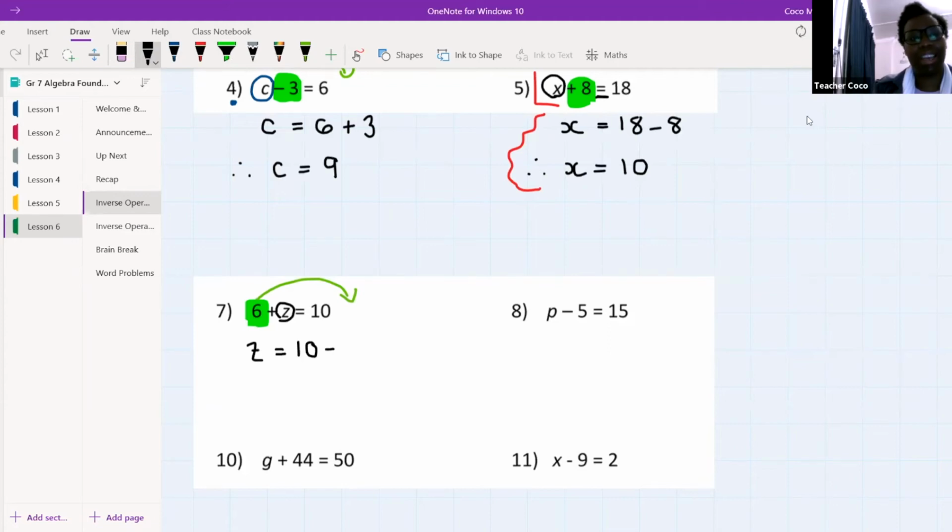Good, 10 minus 6. My next line, please. What comes next? The thing that comes next is therefore Z is equal to 4. Excellent. Very, very well done.